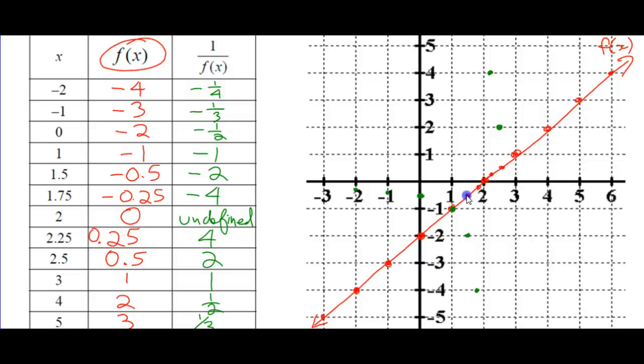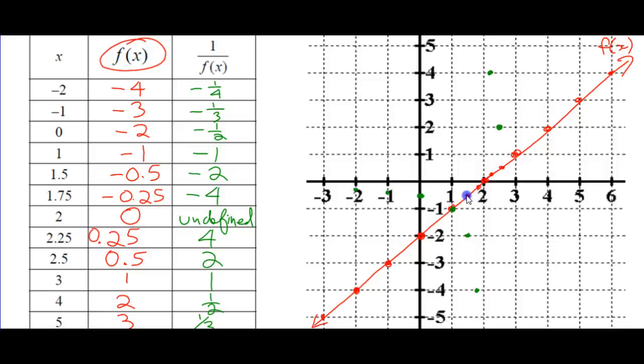As we get closer to 2 from above 2, we got 0.5, 0.25, so 2.1 will be 0.1, right? And what's the reciprocal of 0.1? Which is 1/10. What's the reciprocal of 1/10? 10. Okay, so at 2.1, we're going to be at 10.